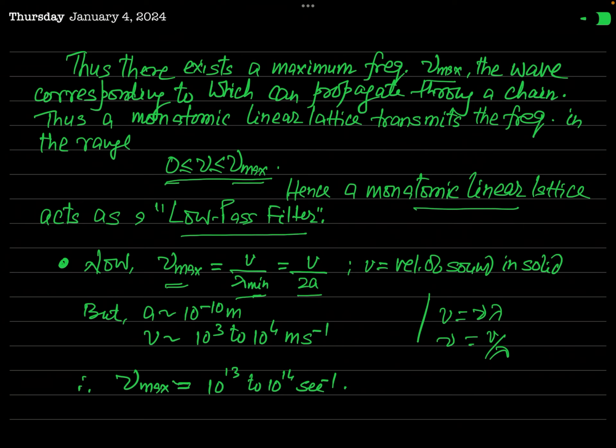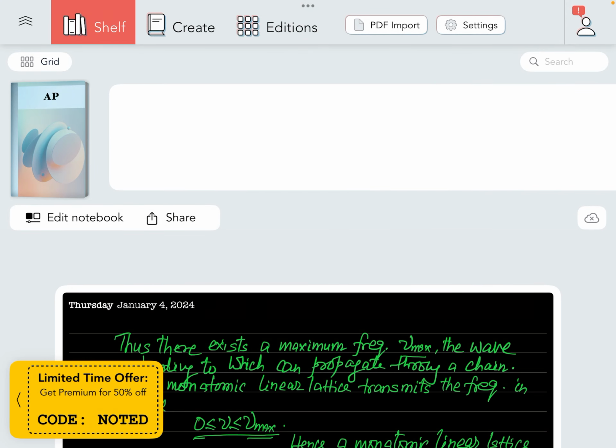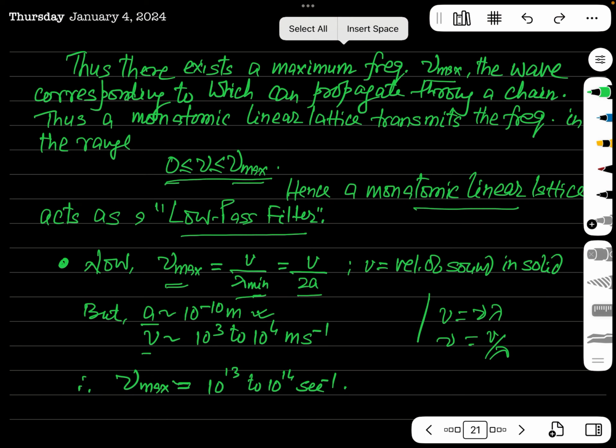Now you know, in case of a crystal or a lattice, the interatomic separation is of the order of 1 angstrom, that is 10 to the power minus 10 meter. And the velocity of sound in solids is of the order of 10 to the power 3 to 10 to the power 4 meter per second.